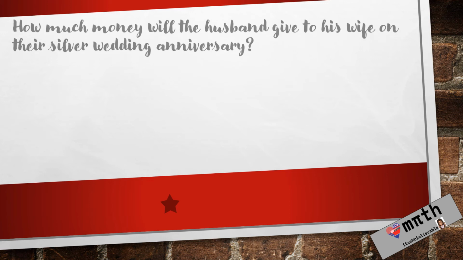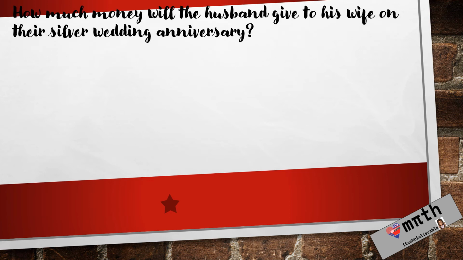And for our last example, which is related to our third problem, let us have the problem: how much money will the husband give to his wife on their silver wedding anniversary? When we talk about silver wedding anniversary, that would mean the 25th wedding anniversary.